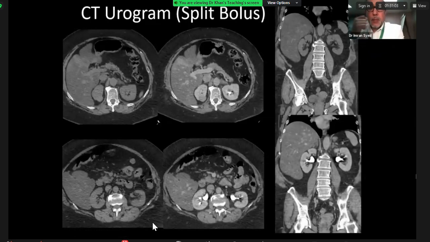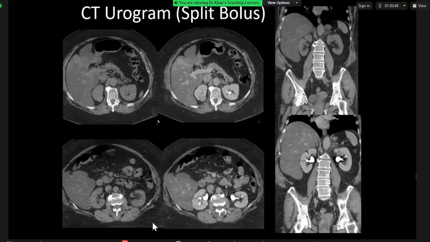Now, this is something that is more and more used. Are you familiar with something called, in CT imaging, the split bolus phase? Do you know what that means? Yeah, so you give one bolus of contrast, and then after a delay, give a second bolus of contrast, and what you should end up with is both an excretory phase as well as a sort of delayed portal venous phase imaging within the same study.